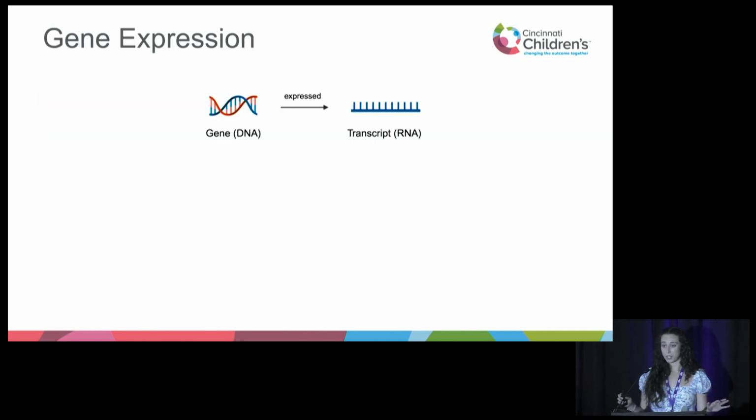So first, we'll talk about gene expression. You guys have talked about this a lot today, so I'm just going to do a super quick review so I can tell you how we actually measure this in the lab. Just like Dr. Tamir and others talked about earlier today, our genes are expressed in these transcripts called RNA, and we can measure how much of this RNA is expressed in our cells.